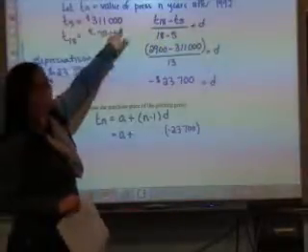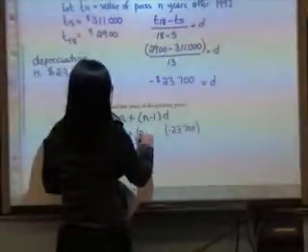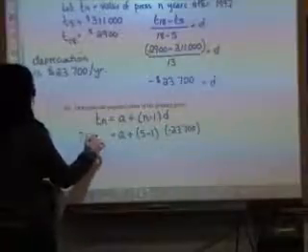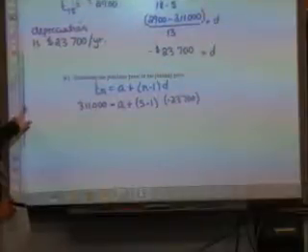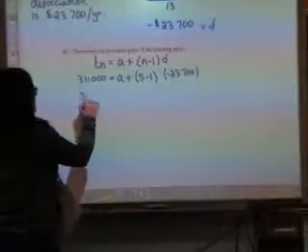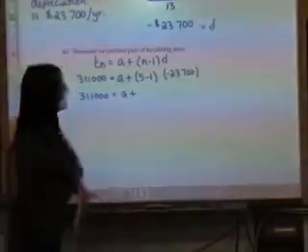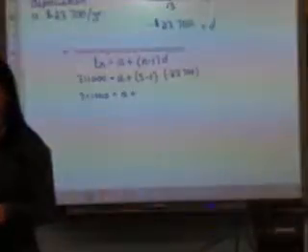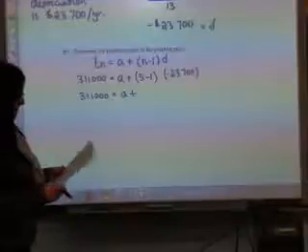Okay. I can use this. If I let n be equal to 5, T of 5 is my 311,000. So I get 311,000 equals A plus, what's 4 times negative 23,700?